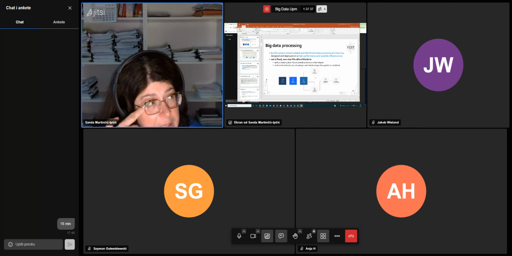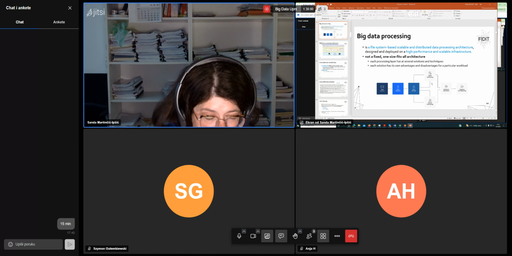Batch processing means that we are actually collecting large amounts of data and we are running one massive processing on the huge data set. In the meantime, we can process the data that has newly arrived to our system, which is stream processing.